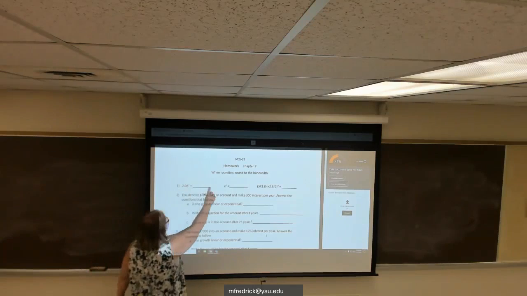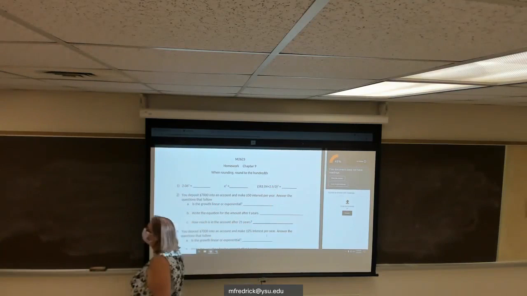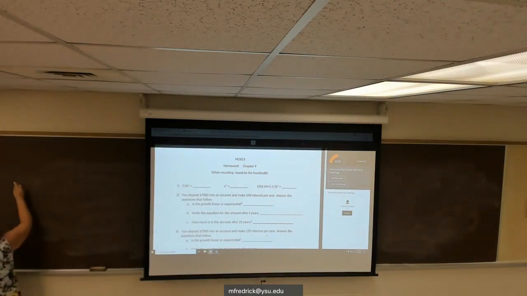These two exponents are fours. I think you can do that one, it's a zero. And it tends to round to the hundredth on everything.